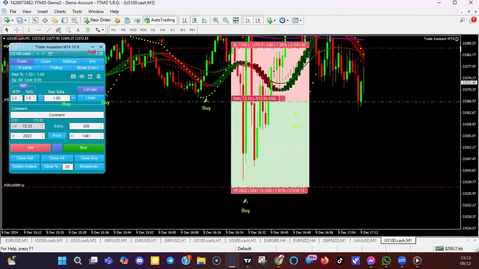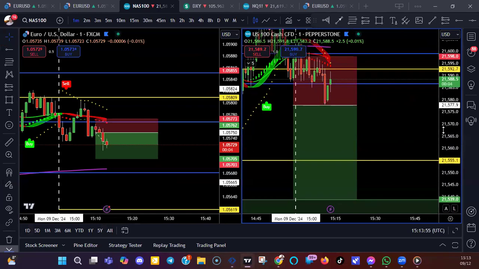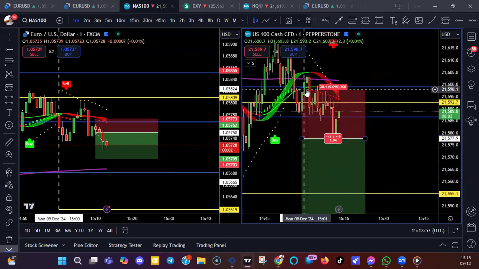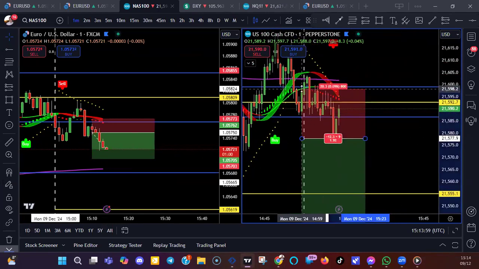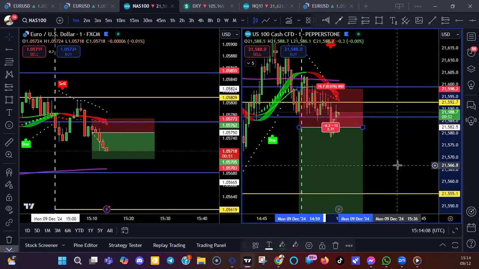I'm going to go onto my TradingView and look at this trade. There, like that. Actually, the difference was down there where I got in, wasn't it?